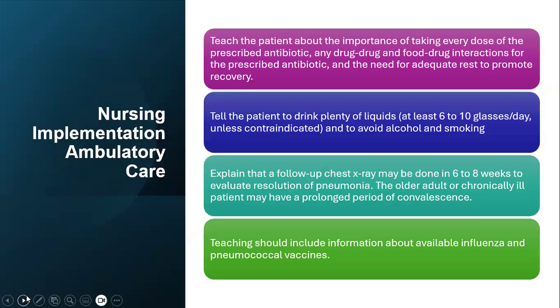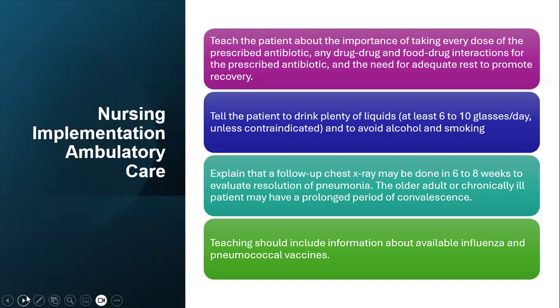Okay, the last one is the nursing implementation in the ambulatory care phase. If the patients are getting ready to go to their home or they are getting their care in the outpatient department, here are the things that you can do for them. First one is teaching the patient about the importance of taking every dose of the prescribed antibiotics.